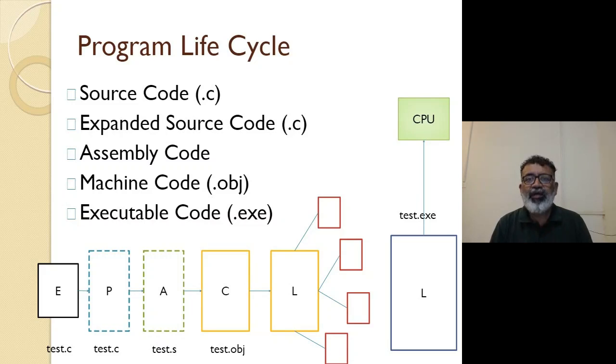Now, in our program, when you call many library routines like printf, scanf, malloc, calloc, free, whichever functions, since these are just function calls, their function bodies are inside the library, right?